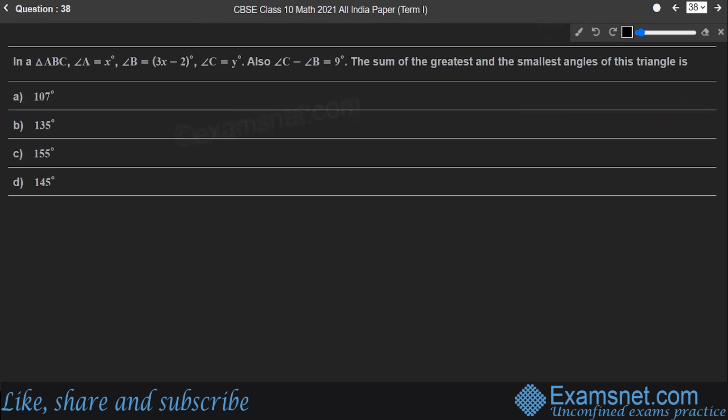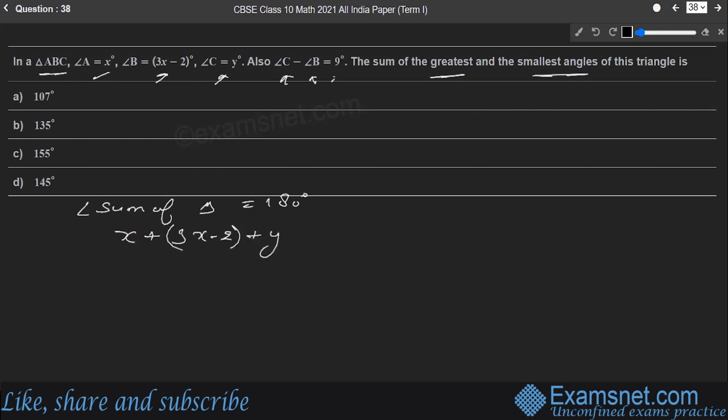Now, in a triangle ABC, angle A is x, angle B is 3x minus 2, angle C is y. Also, angle C minus B is 9 degree. Find the sum of the greatest and the smallest angle. If this is a triangle, then we know the angle sum of a triangle is 180 degree. So x plus 3x minus 2 plus y, that is angle A plus angle B plus angle C, has to be 180 degree.